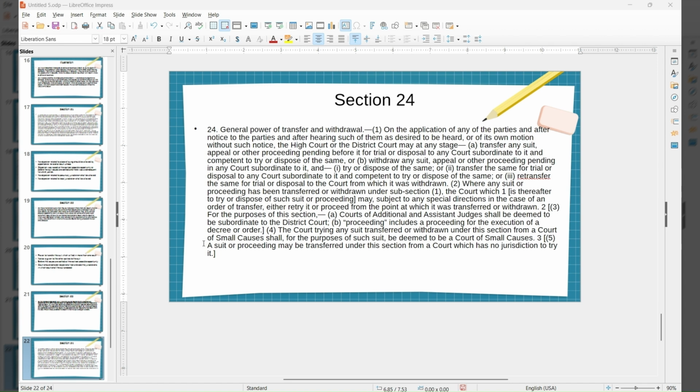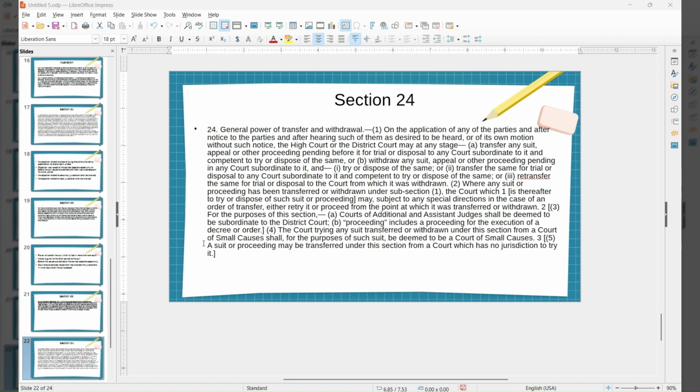Suppose, in the earlier example, the suit was initially filed in court A. Based on the transfer application from one of the parties, it moved from court A to court B. Once it moves, court B can continue from the stage where the case was left in court A, okay, so that can happen.